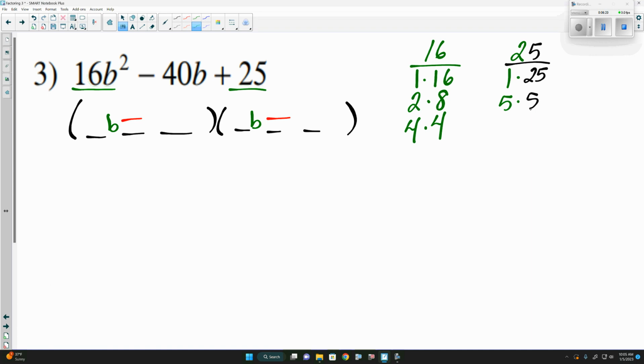So looking at 16 first, which set of factors do we want to try first? So 1 and 16, 2 and 8, or 4 and 4? 4 and 4. Now looking at 25, we have 1 and 25 or 5 and 5? 5 and 5.